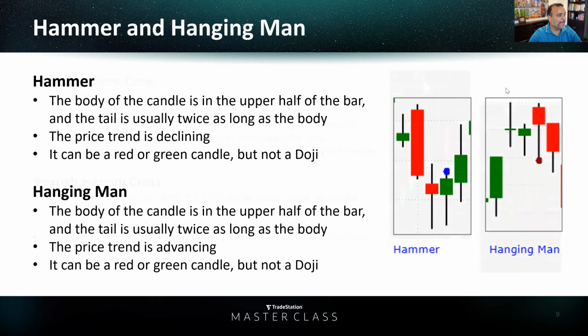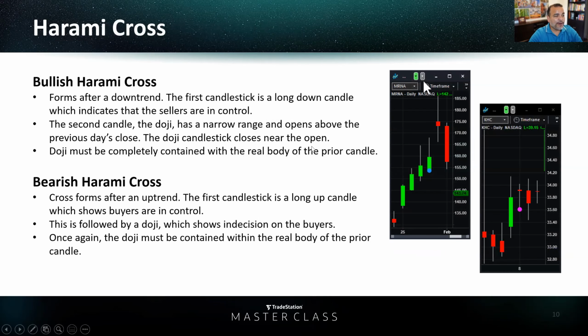All right. We have a Harami cross, bullish and bearish. On a bullish one, it forms after a downtrend. The first candlestick is a long down candle, which indicates that the sellers are in control. The second candle, the doji.